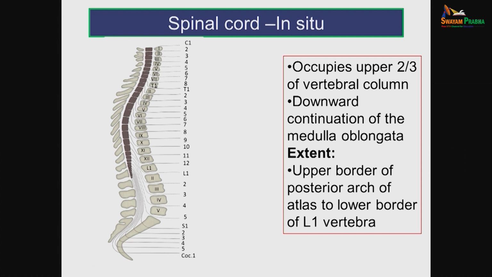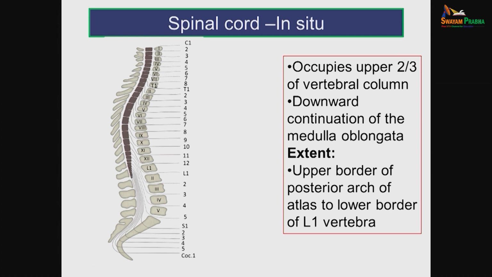As you all know, the spinal cord is the continuation of the medulla oblongata. The extent of the cord is from the upper border of the posterior arch of atlas. This is the first cervical vertebra, atlas. So, from the upper border of the posterior arch of atlas to the lower border of L1 vertebra.